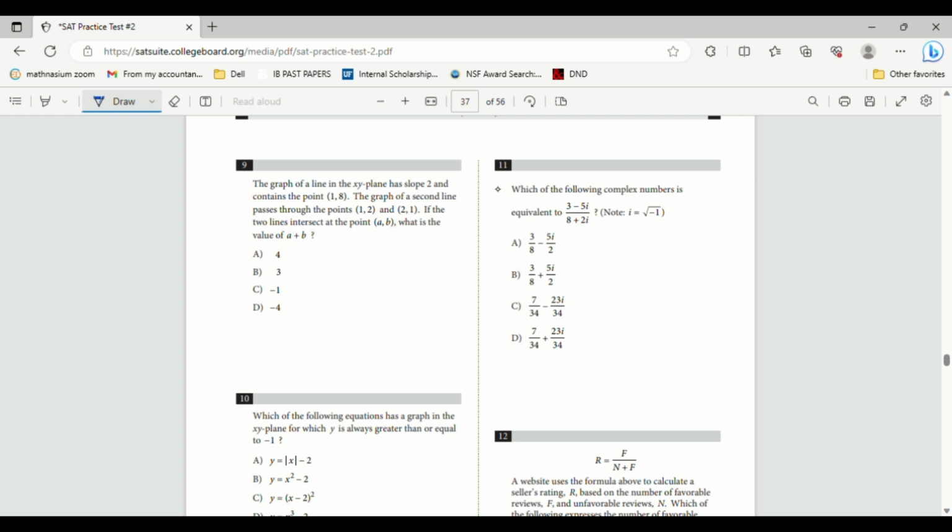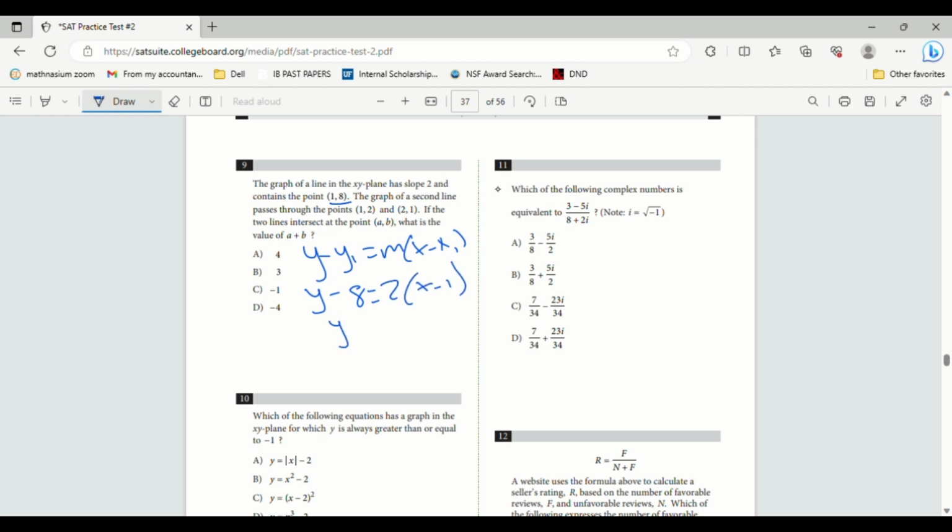So what we can do here is we can find the equation for both of those lines. The first line has slope 2 and point 1, 8, so we can use point slope form. Point slope form, remind you, is y minus y1 equals m, or slope, times x minus x1. So we have our point, y minus 8 equals our slope 2 times x minus 1.